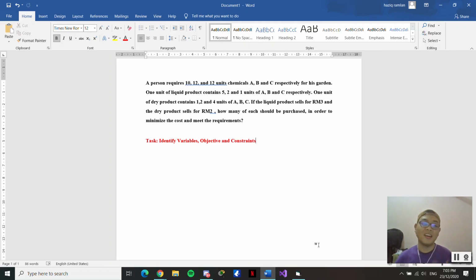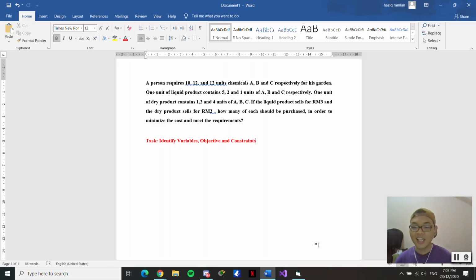A person requires 10, 12, and 12 units of chemical A, B, and C, respectively, for his garden. 1 unit of liquid product contains 5, 2, and 1 units of A, B, and C, respectively. 1 unit of a dry product contains 1, 2, and 4 units of A, B, and C. If the liquid product sells for 3 ringgit and the dry product sells for 2 ringgit, how many of each should be purchased in order to minimize the cost and meet the requirements?